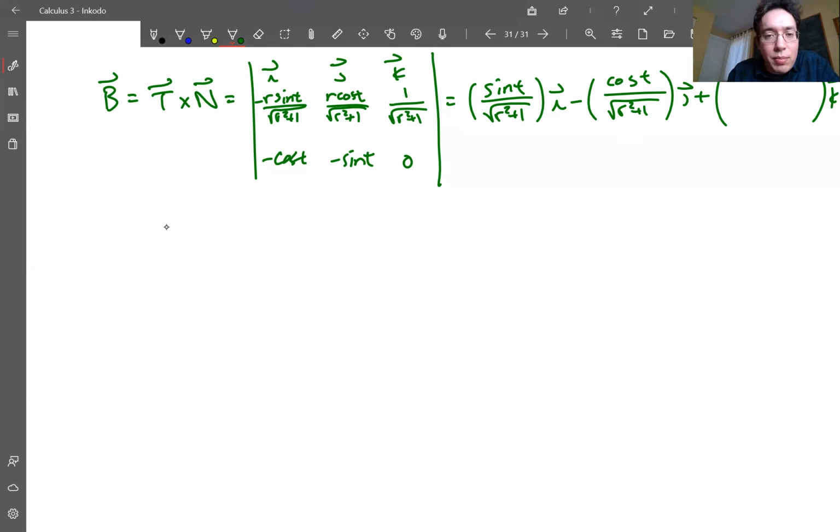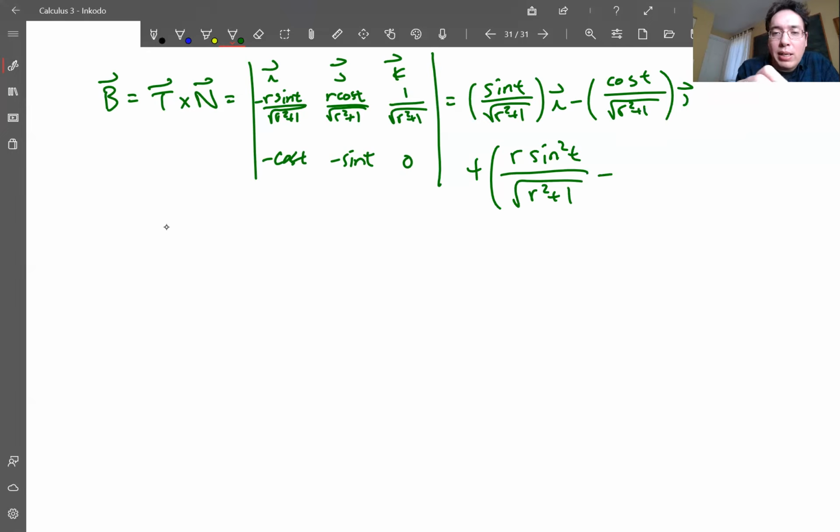And then the k-th component, I do need more room, so I need to go to the new line. It is going to be this ugly thing times negative sine t. There are two negative signs, so this will be positive sine squared. Minus negative cosine times this thing. Because we're subtracting a negative number, this becomes plus.